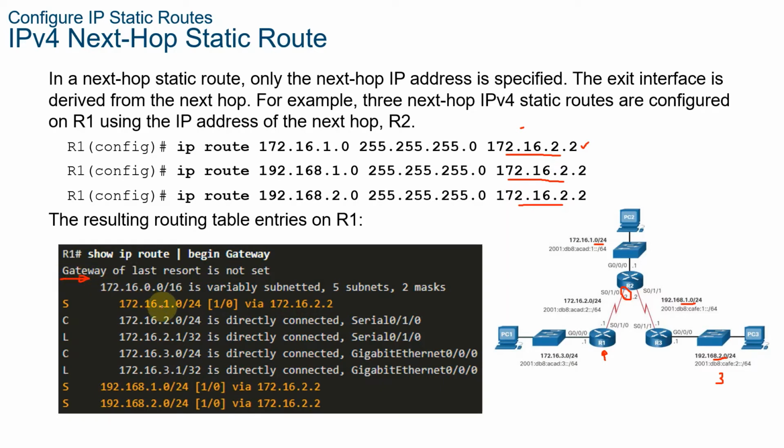Now, from the routing table, we could see that the remote networks that we have defined here is denoted by S on the routing table. All right. So you've got 172.16.1.0, 192.168.1.0, and 192.168.2.0. These three here are the remote networks that we defined on the configuration using IP route.